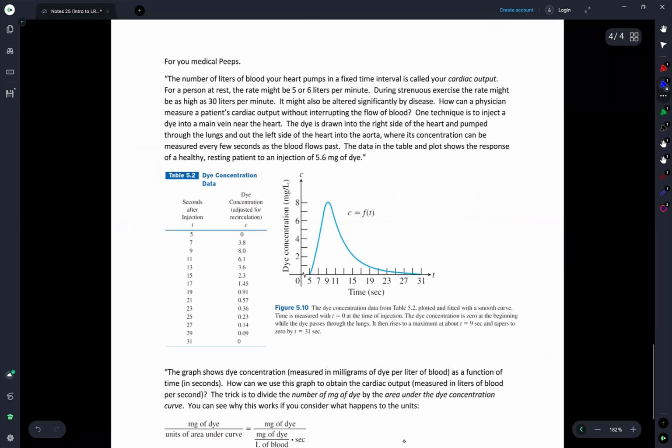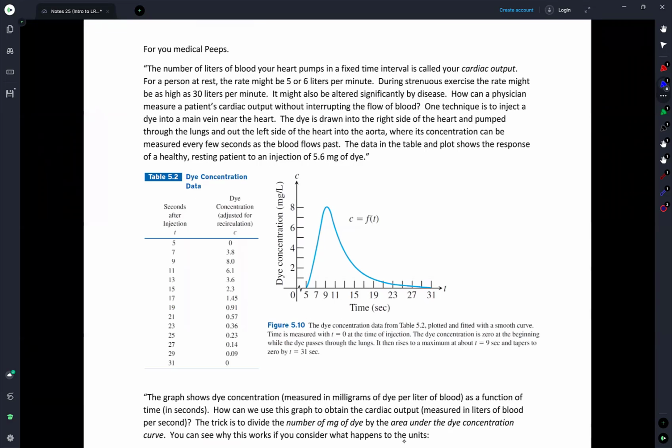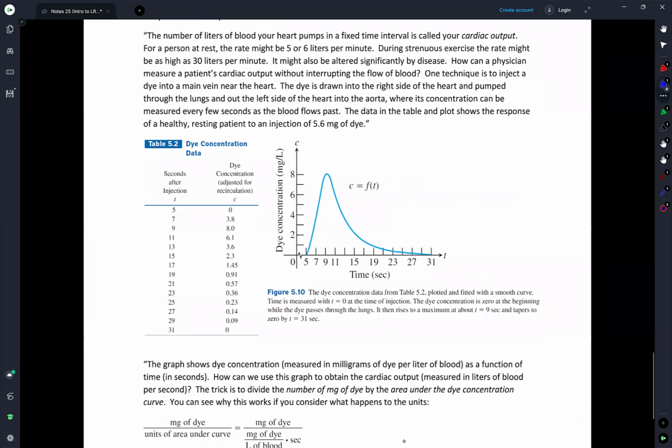It just takes up the whole page. Read it, guys. Read it. It's super awesome.